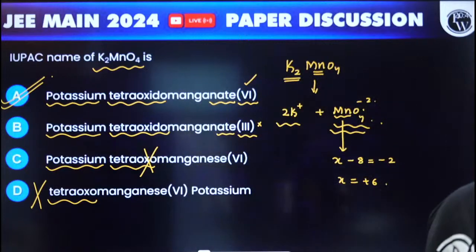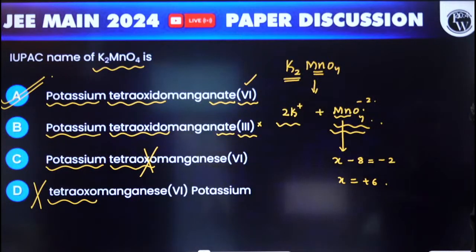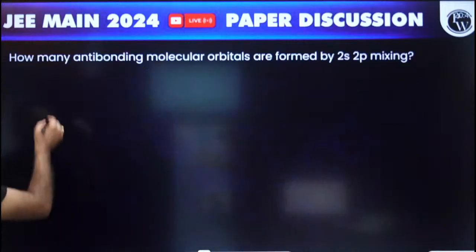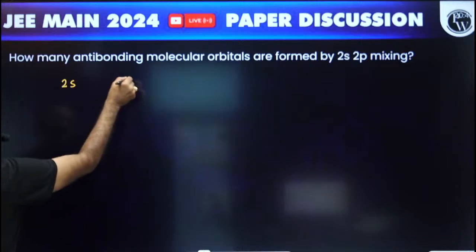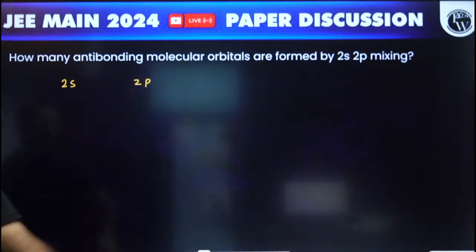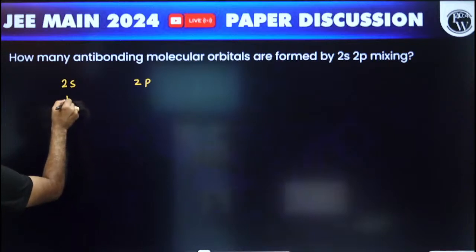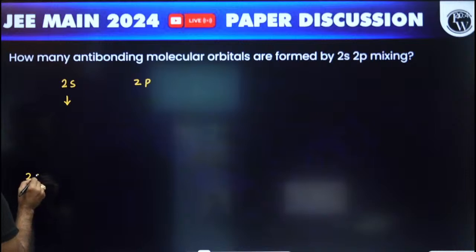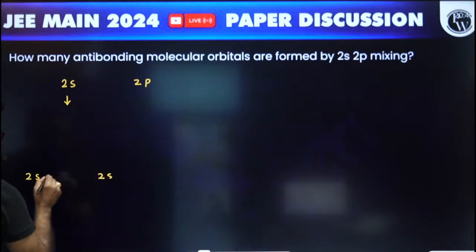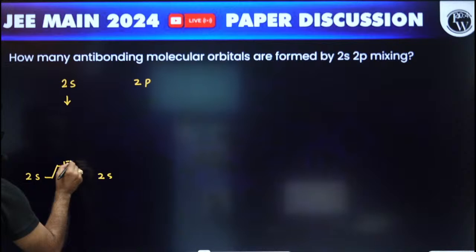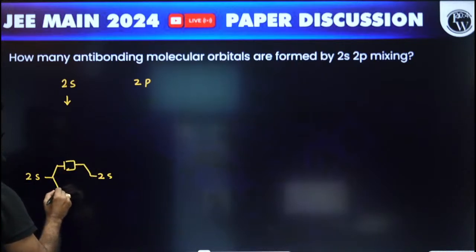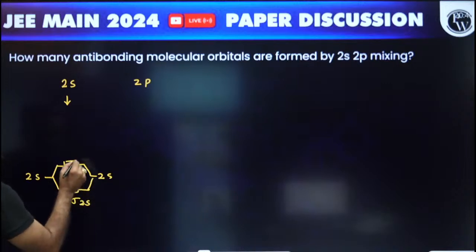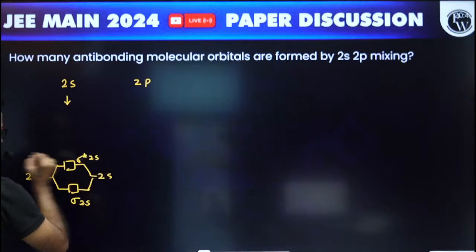Right. How many antibonding molecular orbitals are formed by 2s-2p mixing? You have seen in the energy level diagram of molecular orbitals, if you combine 2s with 2s, when two atomic orbitals combine, you are going to generate two molecular orbitals: one is sigma 2s and the other one is sigma star 2s.